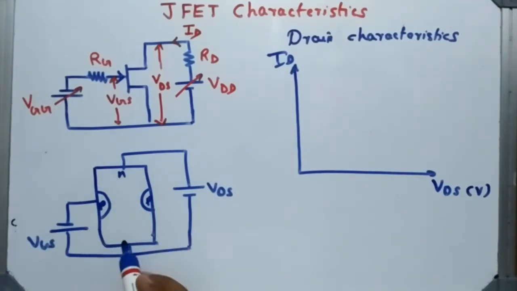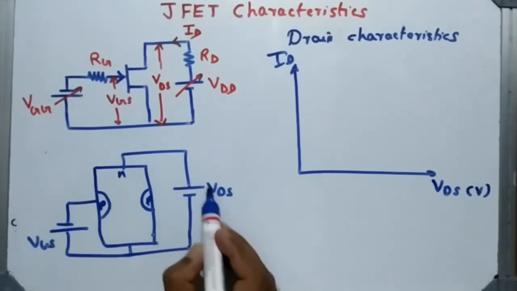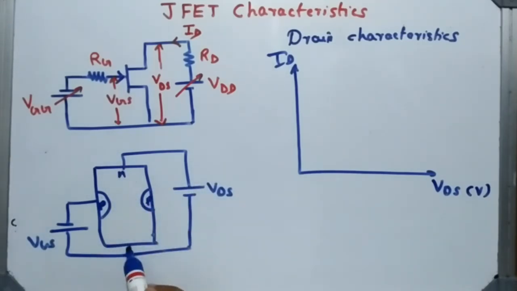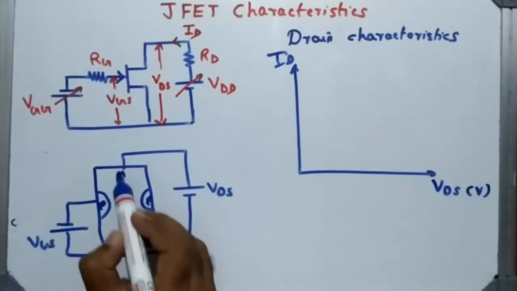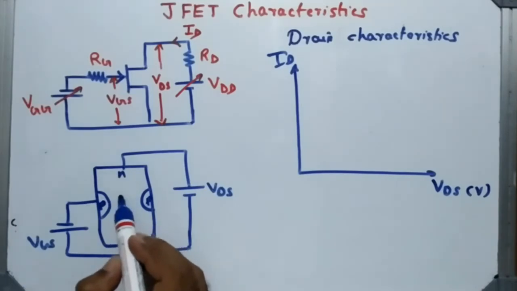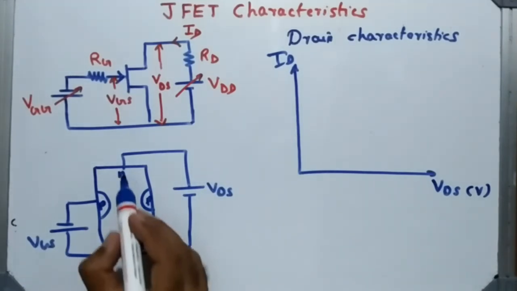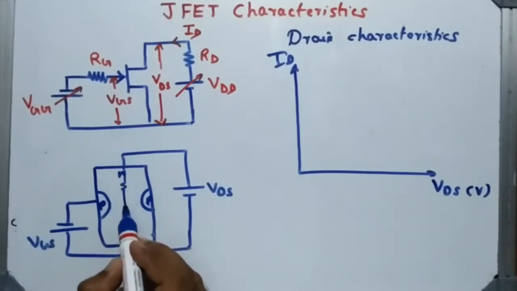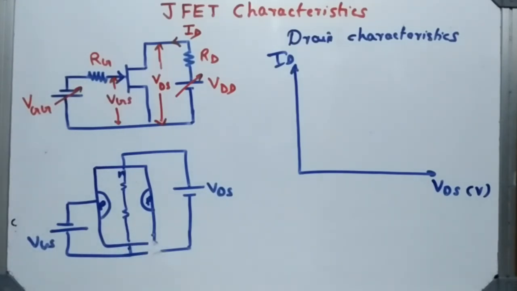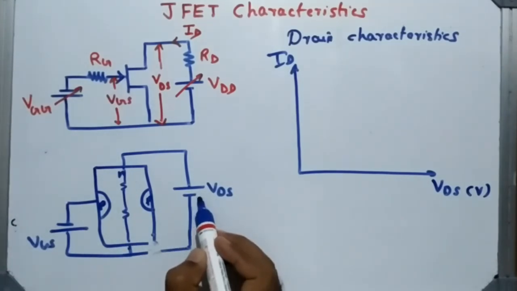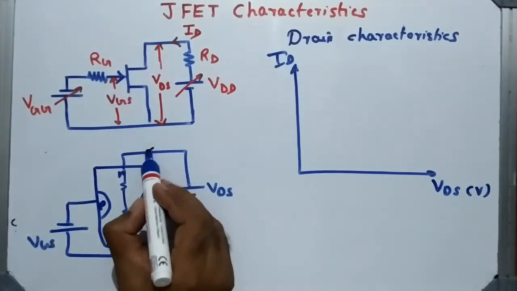Now here what happens is, the battery is connected between the same type of material, so there is nothing in between. So it merely acts as a resistor, simply a resistor. So when you vary VDS, what happens to ID? This is ID.